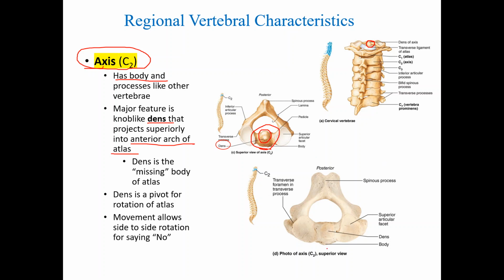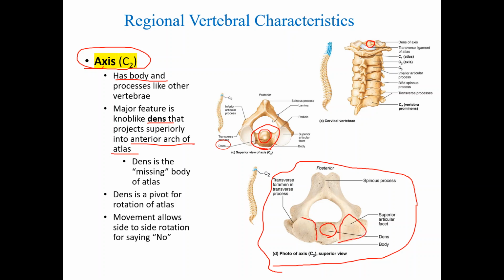All right, so this is kind of like a real image. Of course, when we have real bones in front of us, maybe these various structures which are not highlighted are a little bit more tricky to recognize, but here is the dens, okay? This is a superior articular facet, okay?